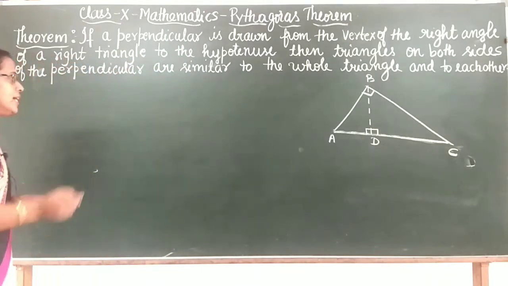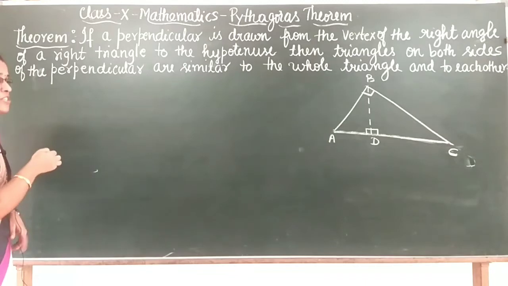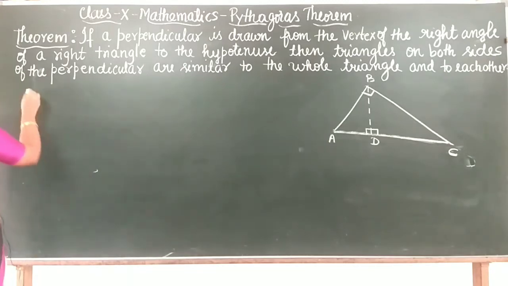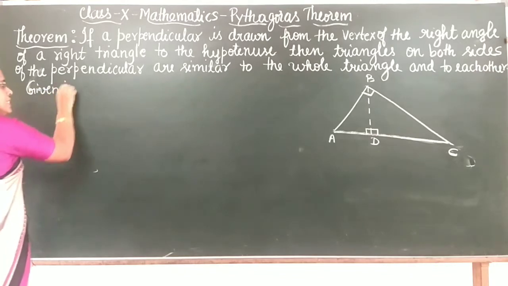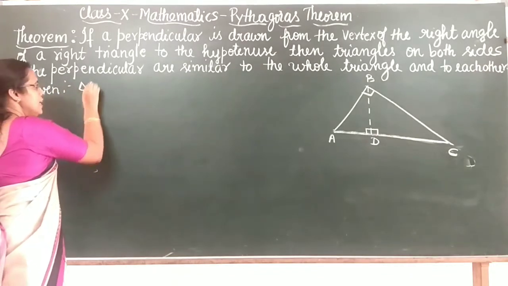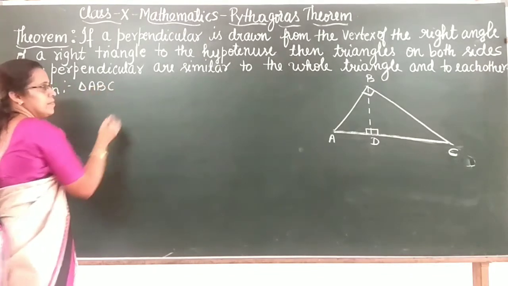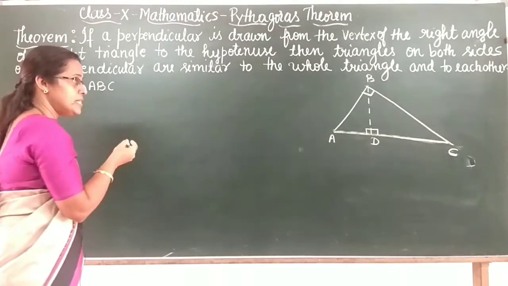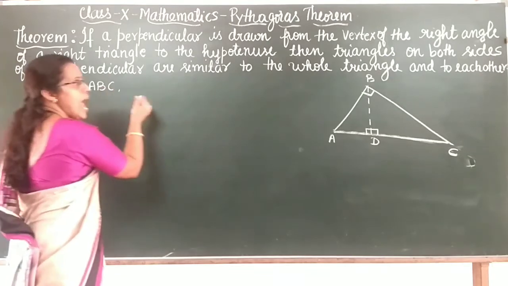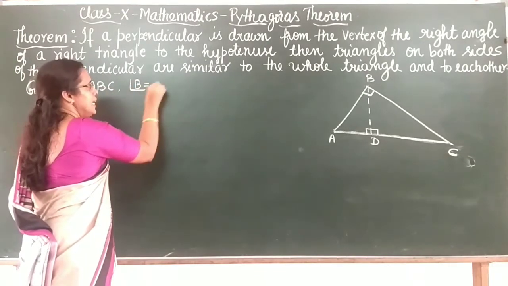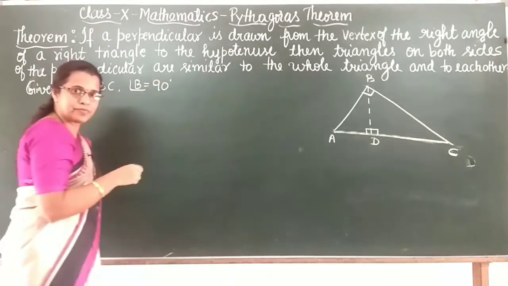See what you have to do first. What is given, children? ABC is a right angle triangle. Given triangle ABC, angle B is how many degrees? 90 degrees.